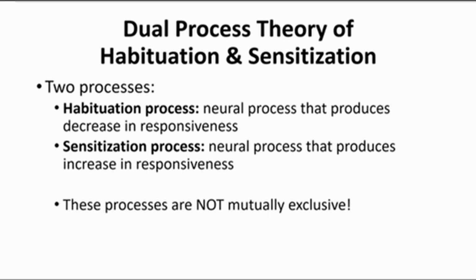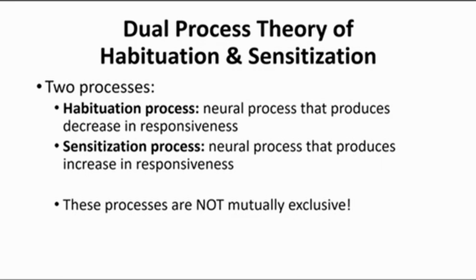Instead, what we tend to see in nature is that the habituation and sensitization processes often tend to co-occur. So in any given situation, we might have some habituation process and some sensitization process. And whether we see either a habituation or sensitization effect is based on which of these two processes is stronger.